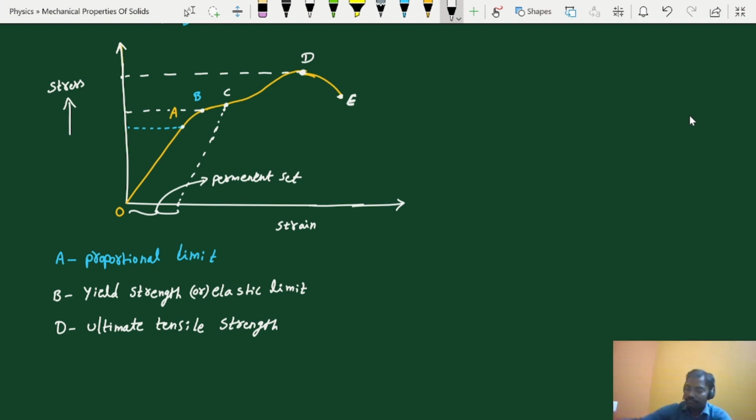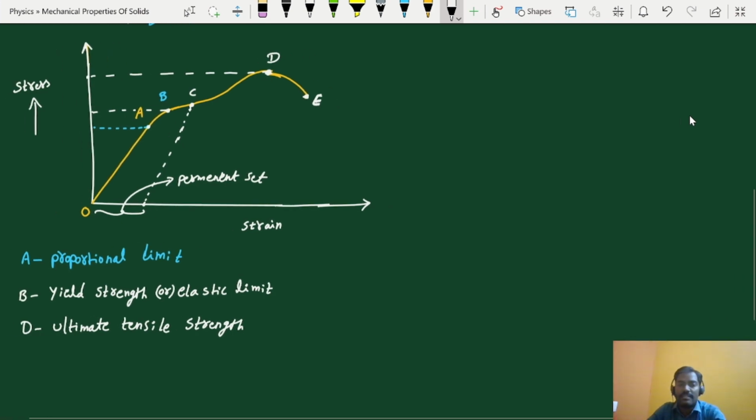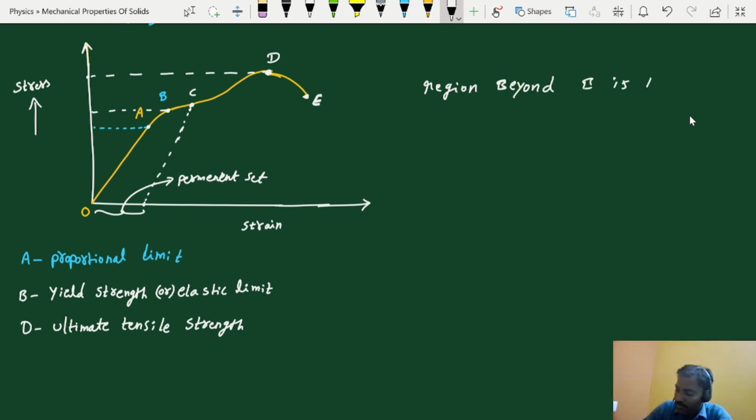So here after point D, the wire will flow like a liquid, right, beyond this particular point. So here itself we will study few conclusions. The region beyond B is known as the plastic region.